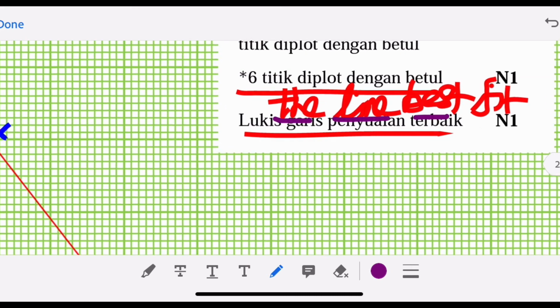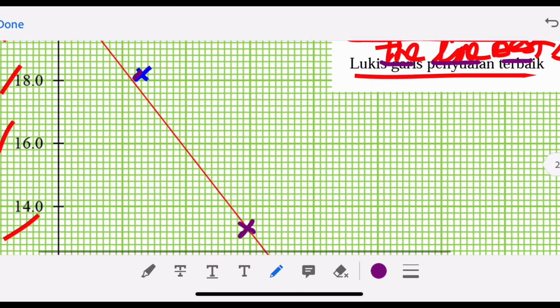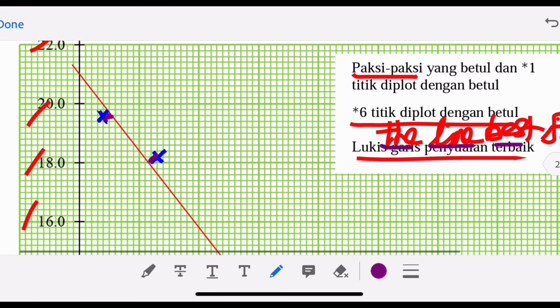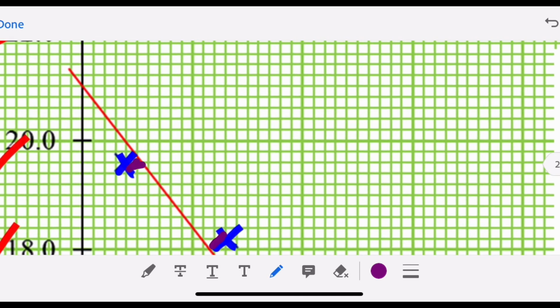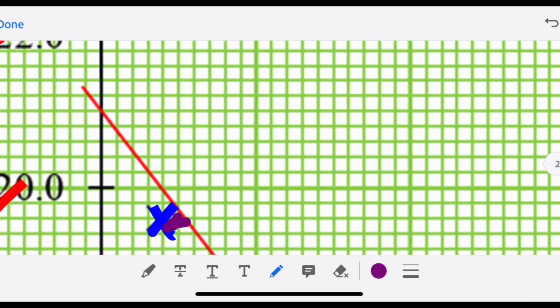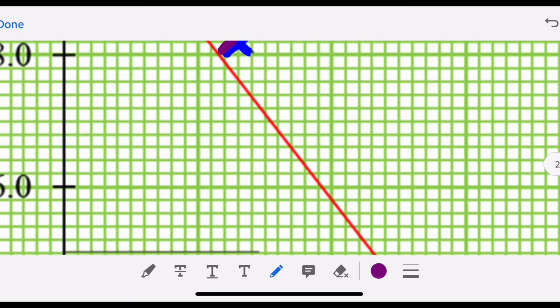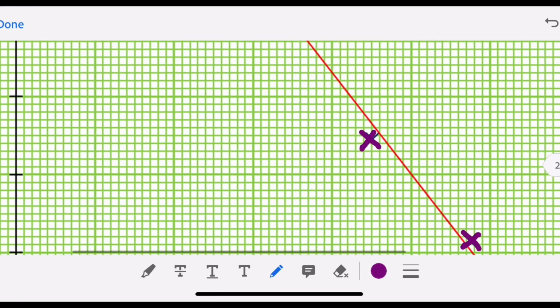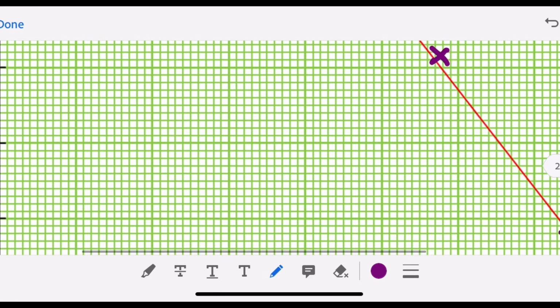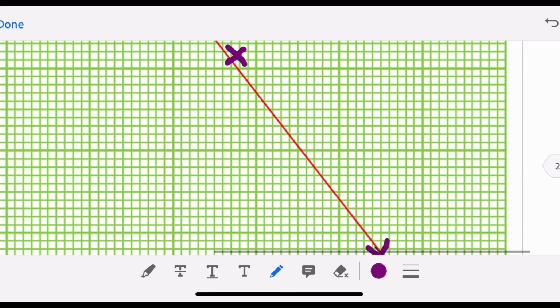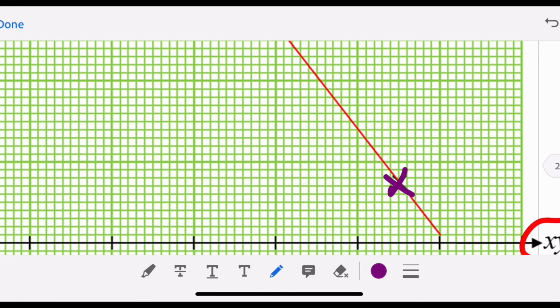So that is called the line of best fit. You will be given 1 mark based on that. Then after that, the most important thing is the y-intercept here, which is around 21.0, and then we have to find the gradient for the straight line. For the gradient, we will use a point that lies exactly on the line.